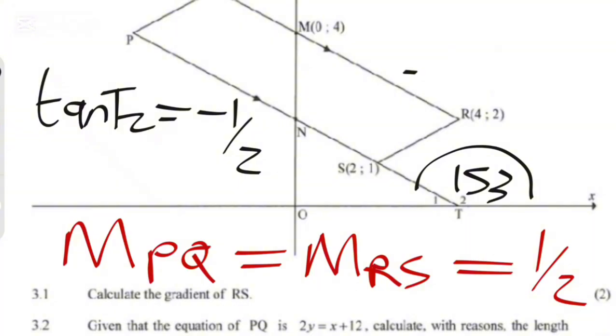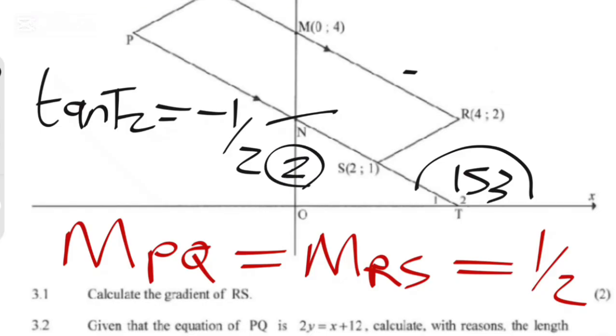So R and S. Okay, having that said, what else can we find from the equation? We have y equals 2. The value of y here is 2, meaning the distance here is 2.